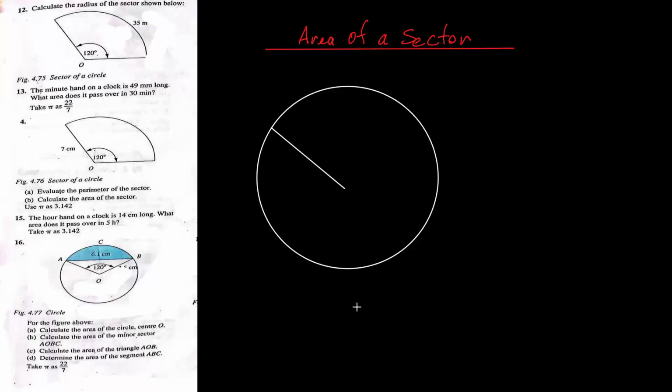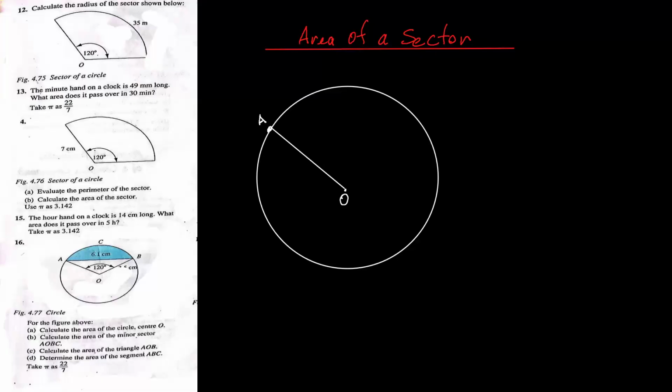From the center to any point on the circumference, what do we call that line again, Deandra? So let me put an O to represent that this is the center. So from this point here to this point here, let's call this point A, this point here on the circumference.